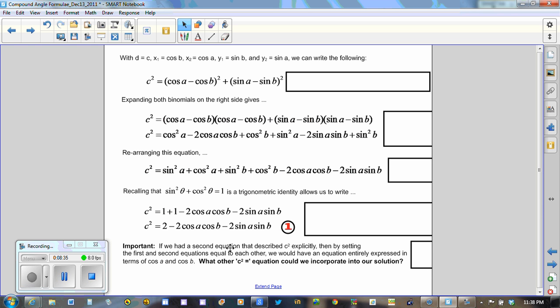If we had a second equation describing c squared explicitly, that means another c squared equals equation, we would set the first and second equations equal to each other, and we would no longer have a c term. We would simply have cos A's and B's. So the other c squared equals equation, just what exactly is it?